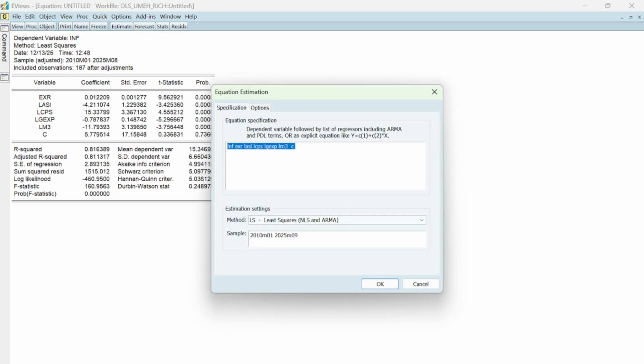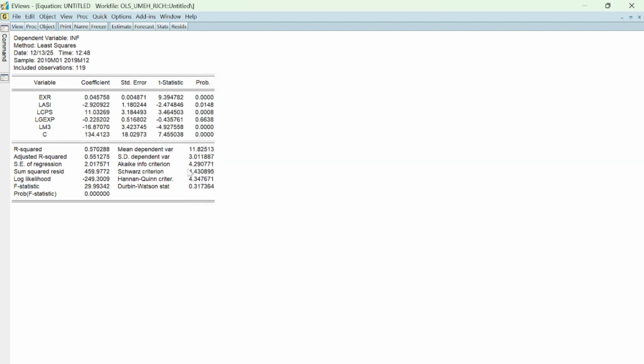We can change it in order to see, let's say before COVID, you change it to 2019 M12. Let's see how the result looks, and then you compare. It's about 57%: the independent variables explain the dependent variable by 57%.